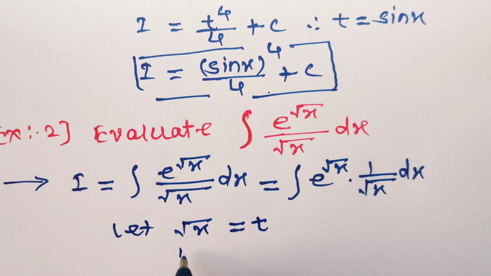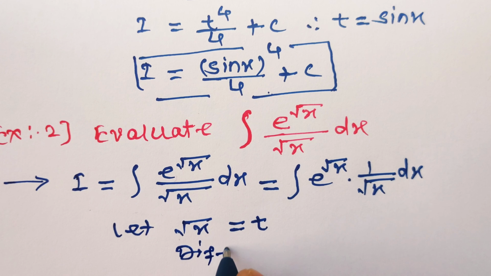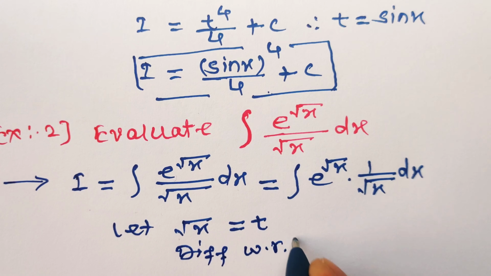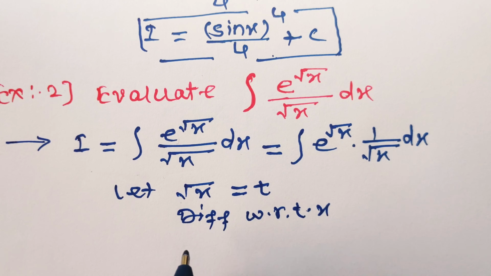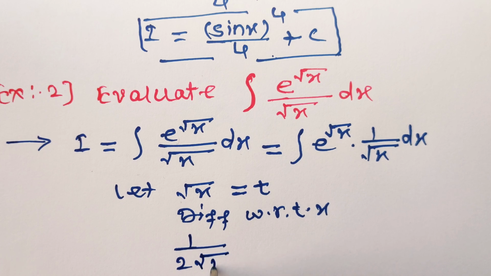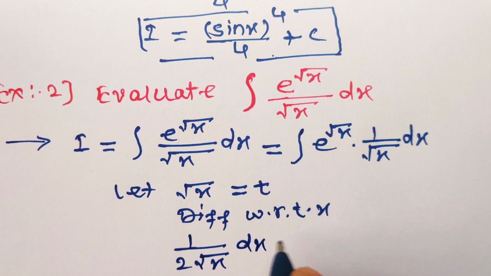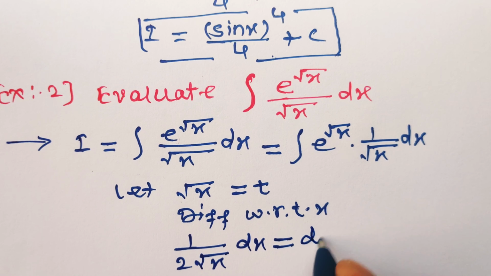Then differentiate this with respect to x on both sides. So derivative of root x, that will be 1 upon 2 root x with respect to x is equal to dt.